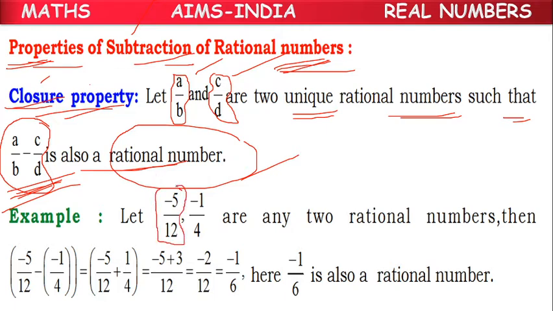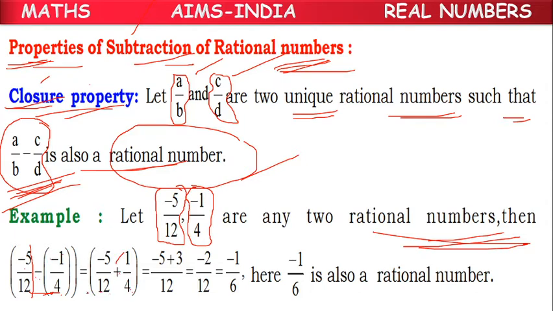Let's check with a small example. Here one rational number is minus 5 by 12, another rational number is minus 1 by 4. If we subtract them, minus 5 by 12 minus 1 by 4. Minus into minus becomes plus.